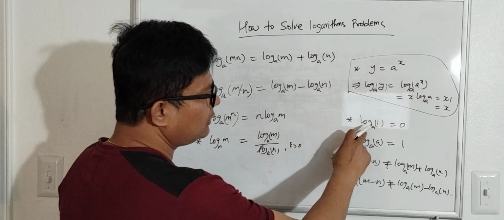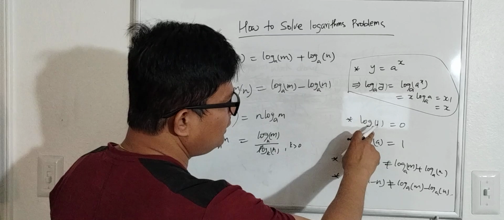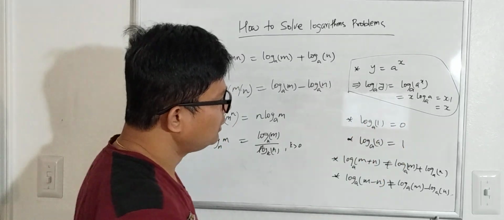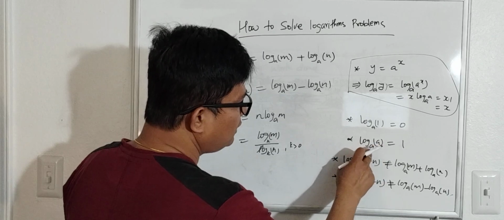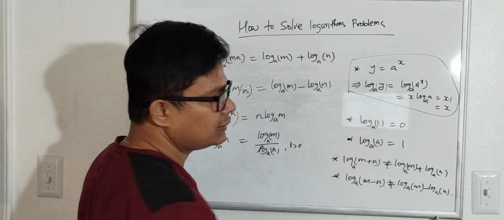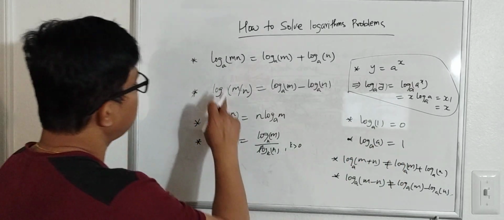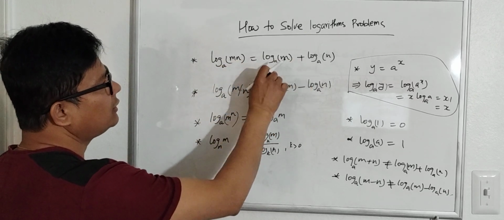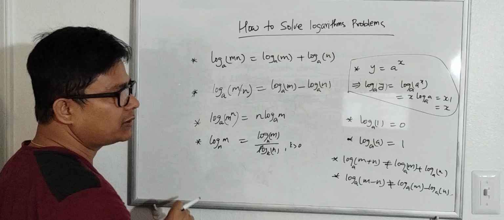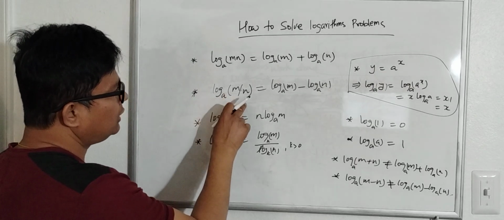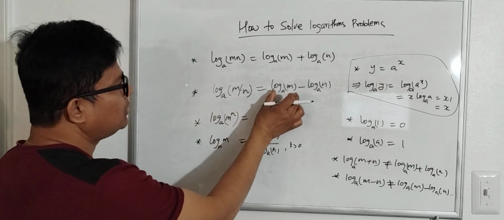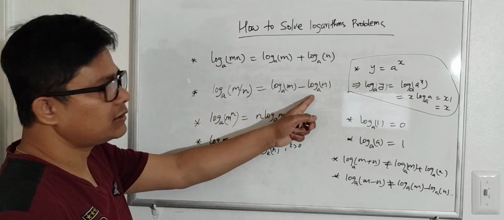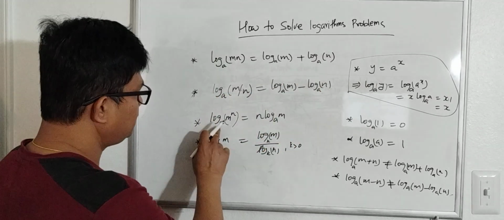And we also learned that log of 1 is always 0. Log of a number with the same base is 1. Log of the multiplication of two numbers gives log of one plus log of the other. Log of the division of two numbers is log of the numerator minus log of the denominator.